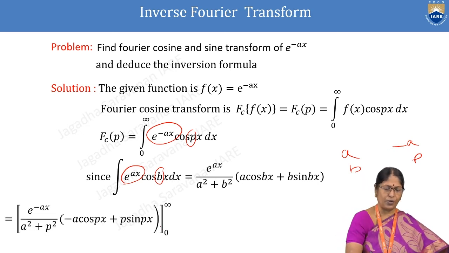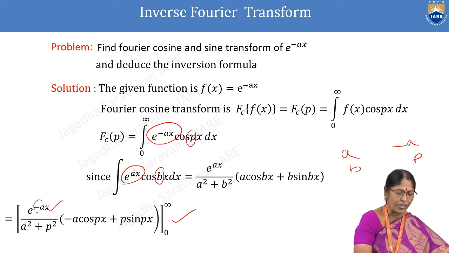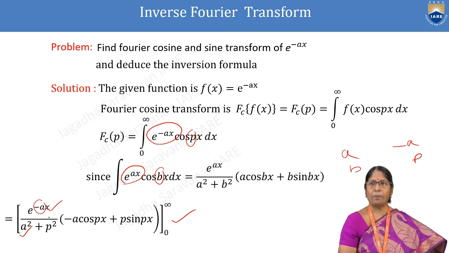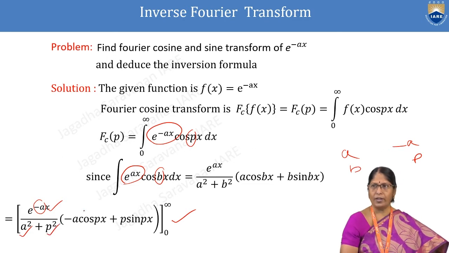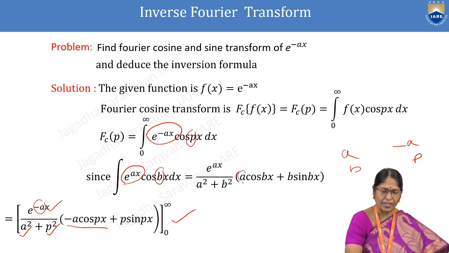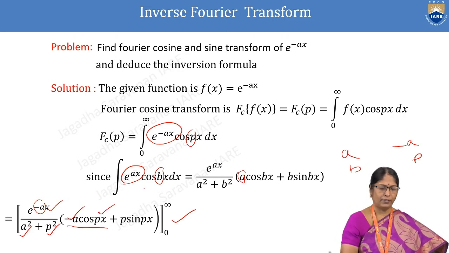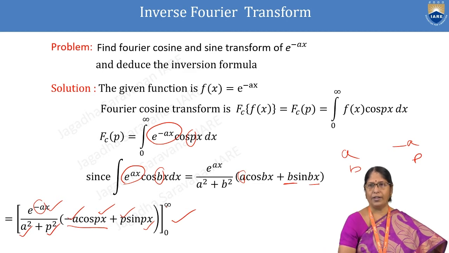Now we apply it. So e power minus ax divided by a square plus b square, which in our problem is p square, times a cos bx, that is, minus a cos px, plus b sin bx, but ours is p sin px, from 0 to infinity.